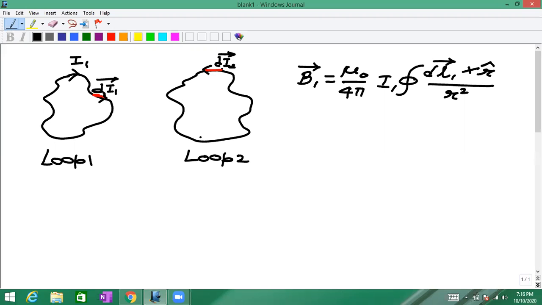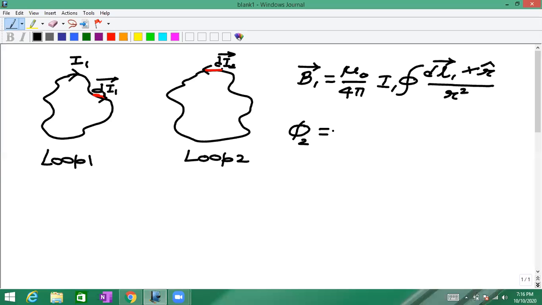Some field lines will pass through it. What is the flux associated with loop 2? Let me write it as phi 2.